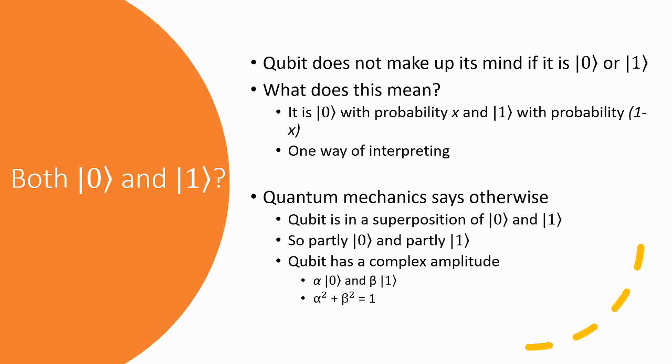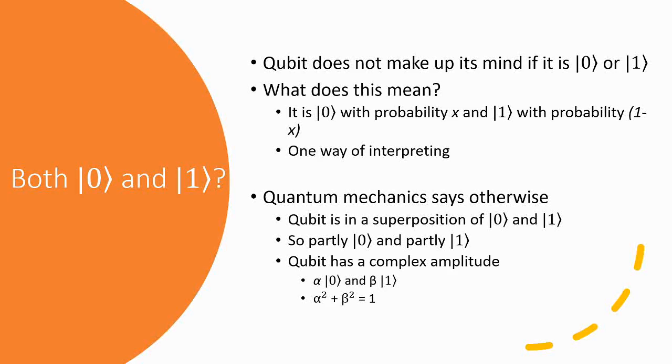And if the qubit is 0 with probability 1 by 3, it means that the qubit is 1 with probability 2 by 3. Correct? So this is one way of interpreting it. But fortunately, that is not the case.